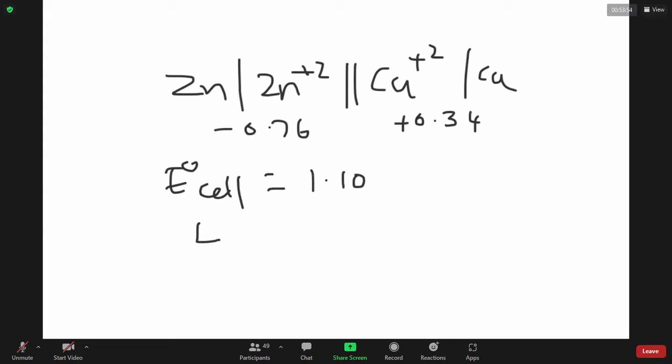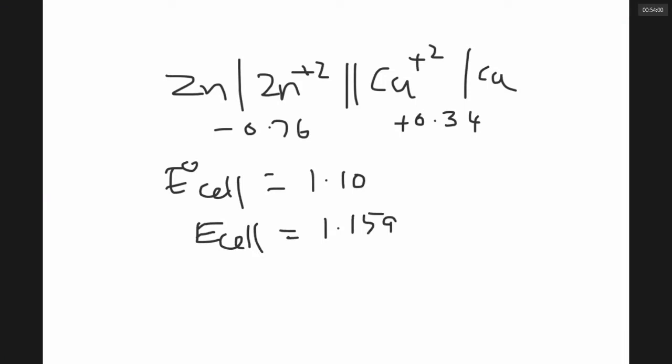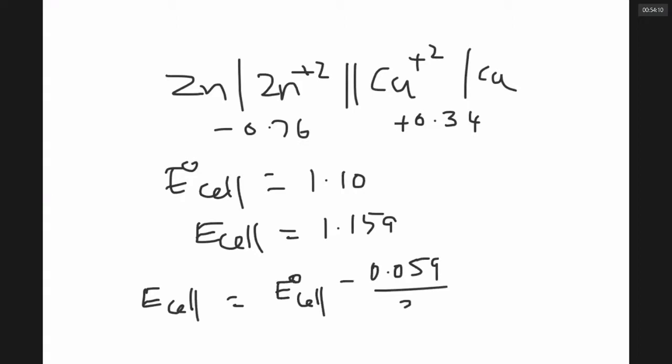But I want a cell whose potential is 1.159. So now what should I do? From the Nernst equation, I know E cell is equal to E0 cell minus 0.059 by n into log of product ion by reactant ion concentration. Are you clear about it, sir?